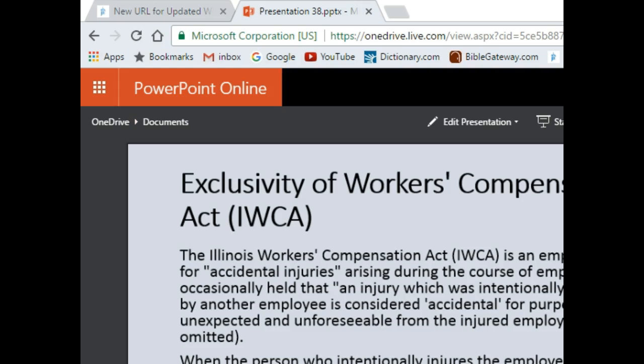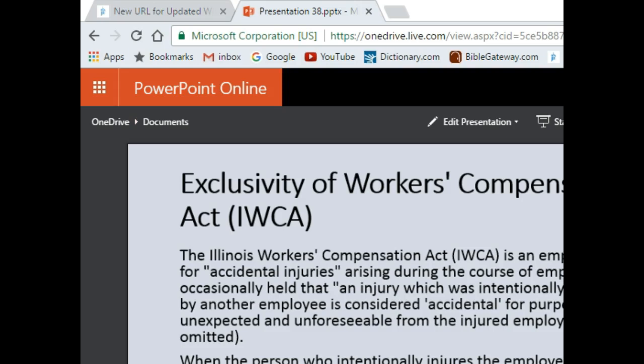Something I want to bring up as a legal defense, often against these common law claims, would be the exclusivity of workers' compensation laws. In Illinois, we have, of course, the Illinois Workers' Compensation Act. It has been ruled in some circumstances by courts as the employee's exclusive remedy for so-called accidental injuries arising during the course of employment.